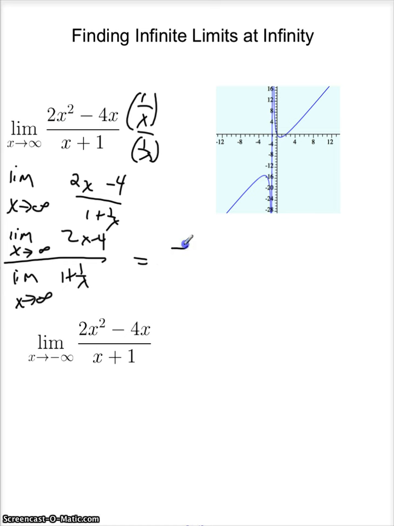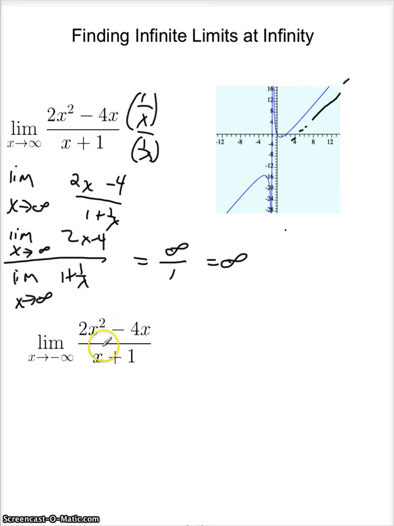Well, this numerator is going to go to infinity while the denominator goes to 1. So this is going to become unbounded. In pre-cal, you probably said the limit doesn't exist. As a matter of fact, you can see it approaches a slant asymptote. Whenever you have a slant asymptote, you're going to wind up with an unbounded limit.